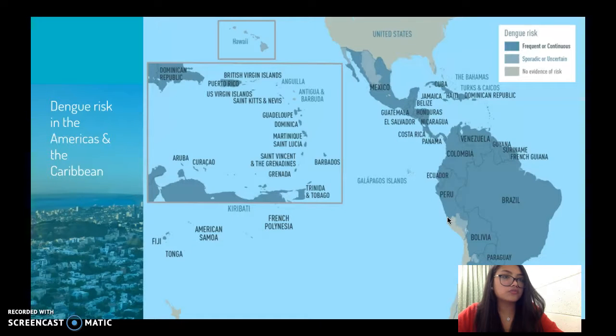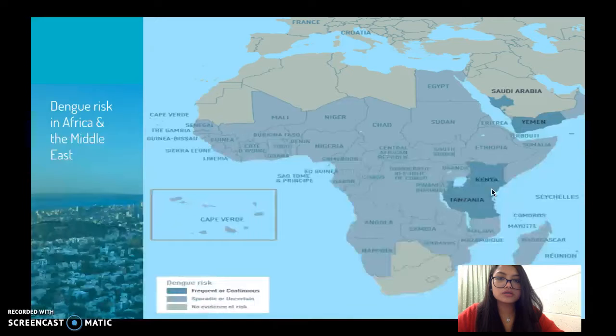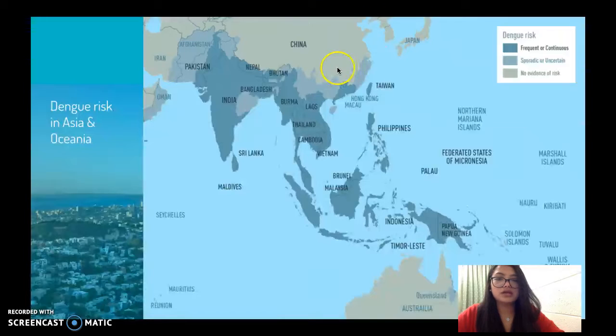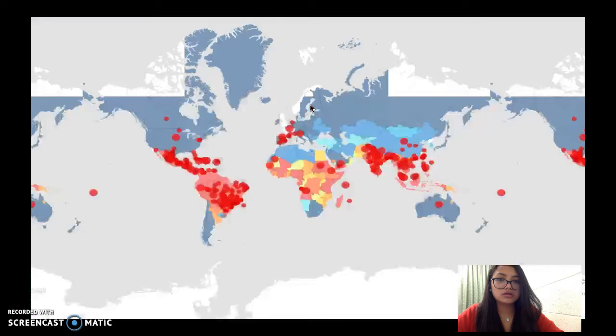Here are some dengue risk places. We have Mexico, Brazil, Ecuador, and the majority of this over here. We also have Kenya, Tanzania, Yemen, and Southeast Asia.